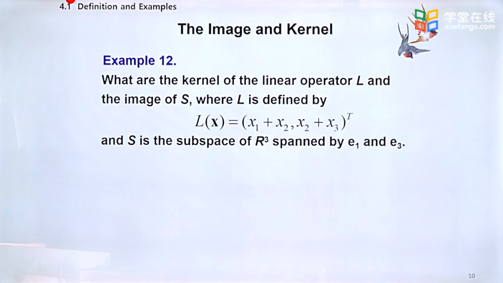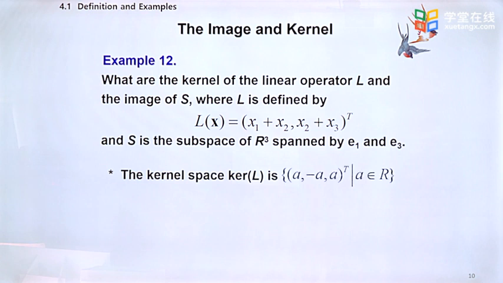In order to find the kernel first, we need to find such X in R3 that have this relation: X1 plus X2 equals 0 and X2 plus X3 equals 0. So you can find the kernel to be in this way.